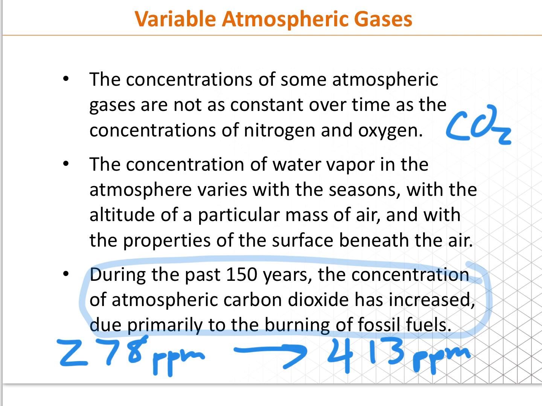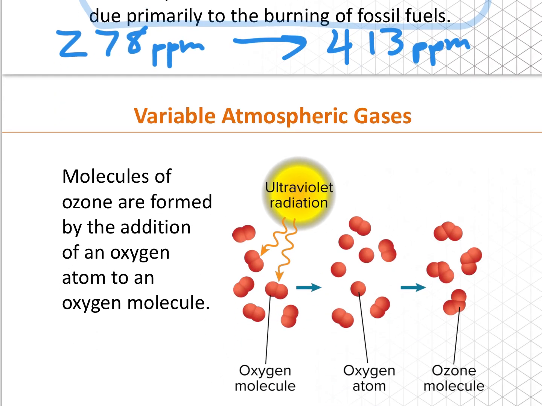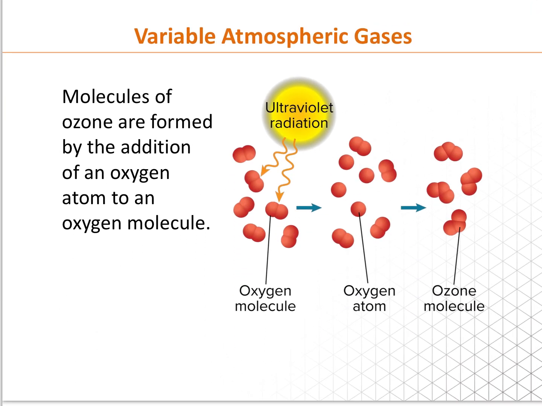All right, we're going to stop on that one and move on to the next topic, which happens to be ozone. Now, ozone is an O3 molecule, right? We breathe in O2, right? And that makes us happy.